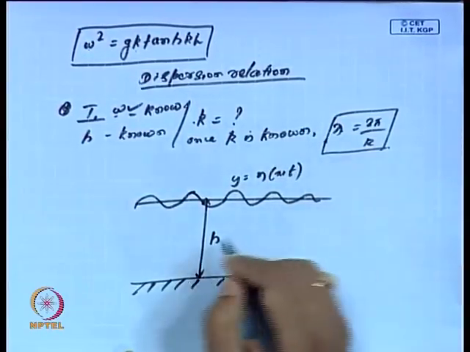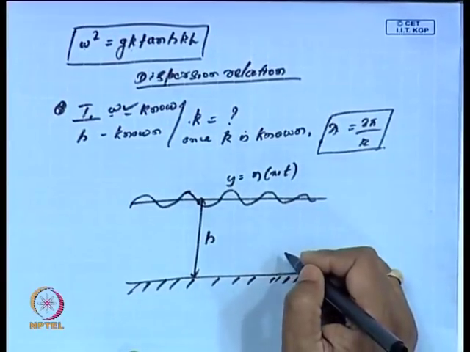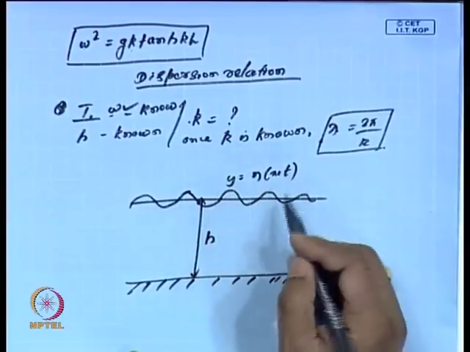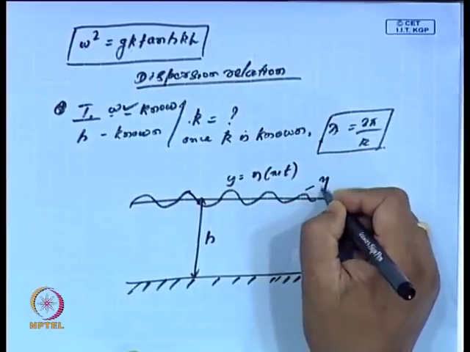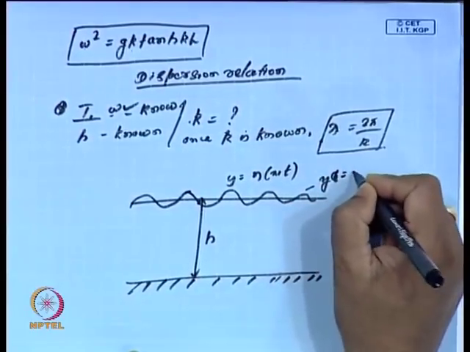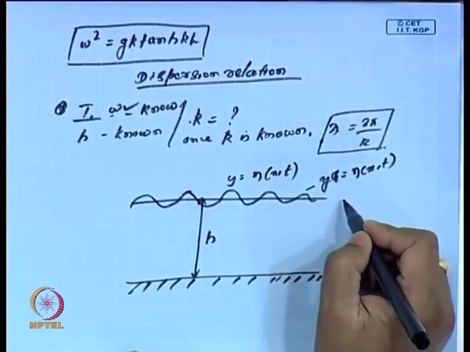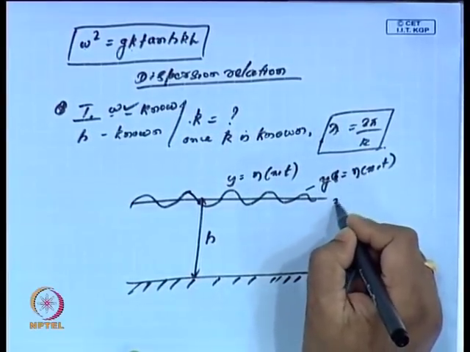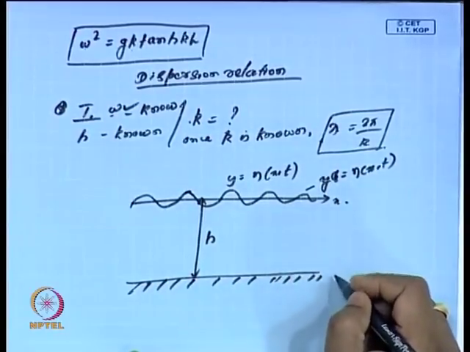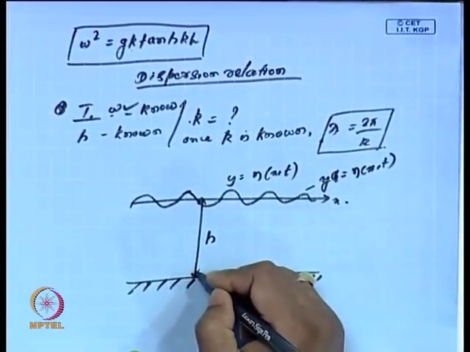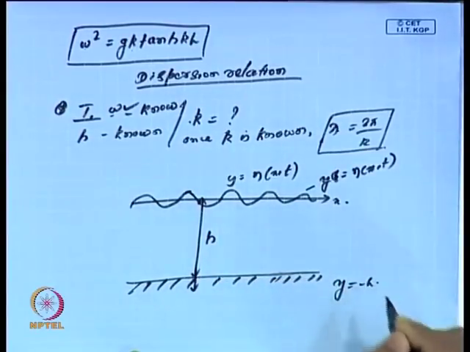Then y is equal to eta(x,t) is the free surface, and let us suppose this line is the x axis, and the downward direction is negative, so I call this y is minus h.